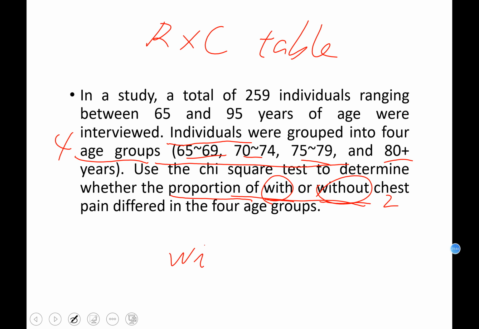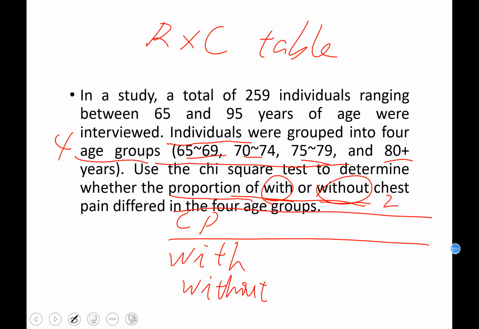So here the first row is with and the second one is without. So this means the chest pain. We use chest pain as the row, and don't forget the total.